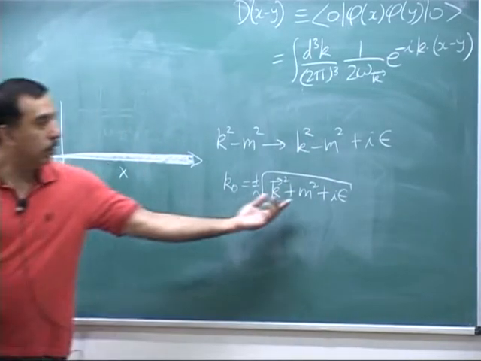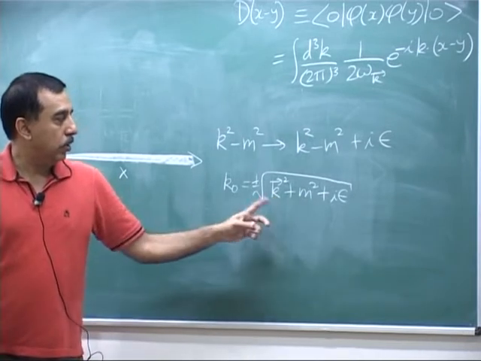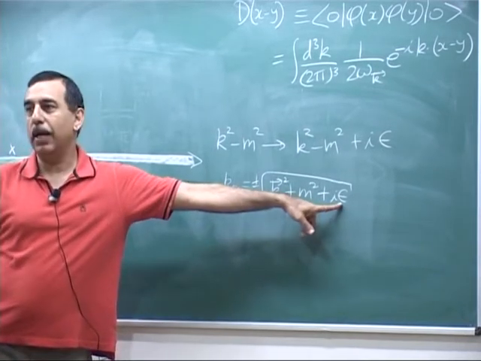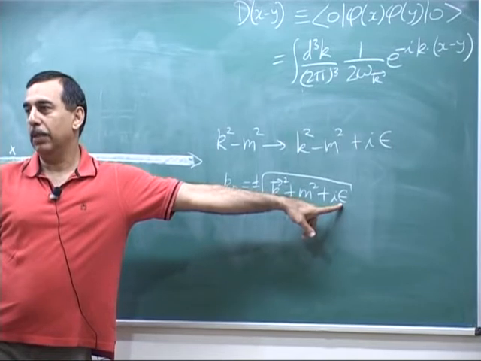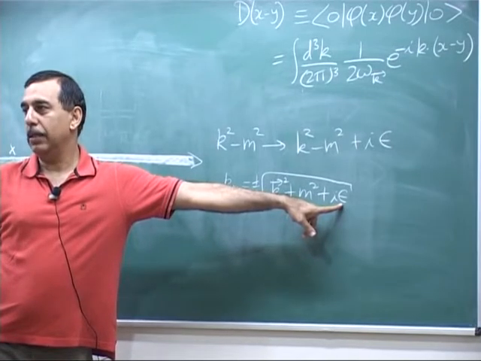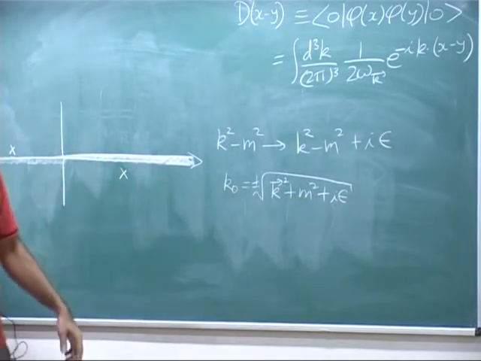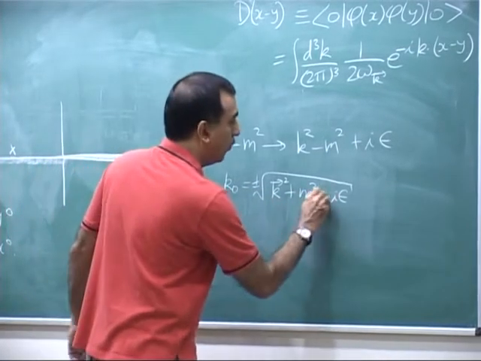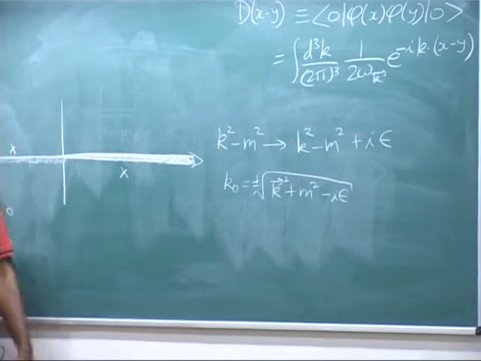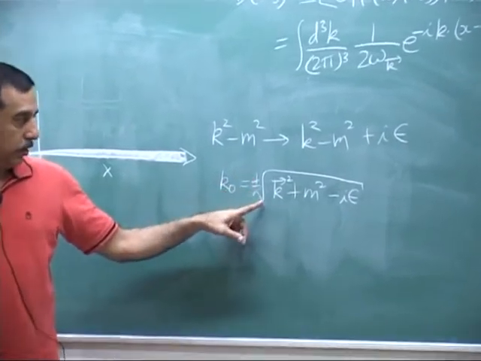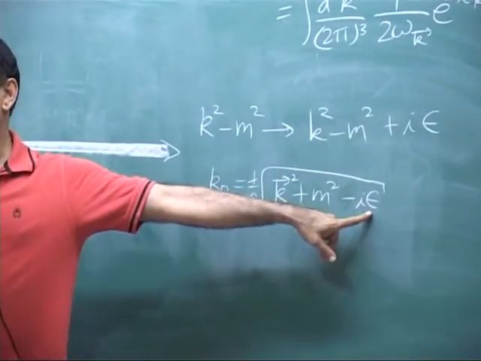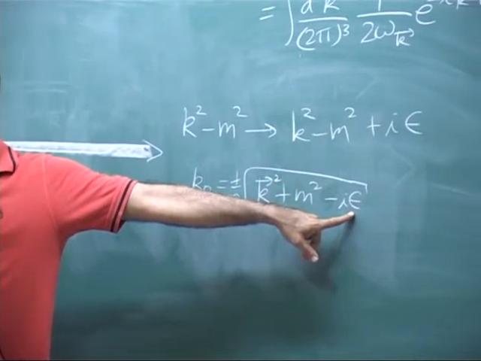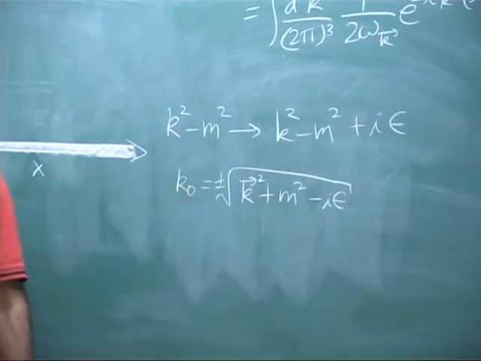These are real. Sorry, excuse me, this is minus. Very good. So this is the square root of a quantity that lies in the lower half plane. So therefore it also lies in the lower half plane.